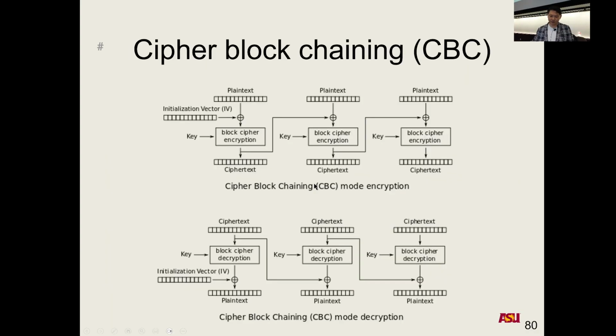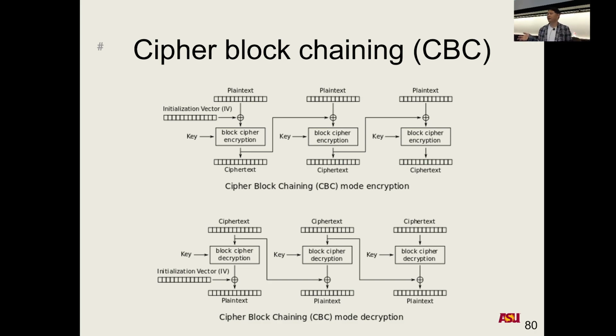So in the CBC mode, cipher block chaining, let's give some randomness in the output, the ciphertext. How can you do that? As you can see, the previous ciphertext will be input to the next encryption by XORing with the second plain text block. In this way, they give some randomness, right?